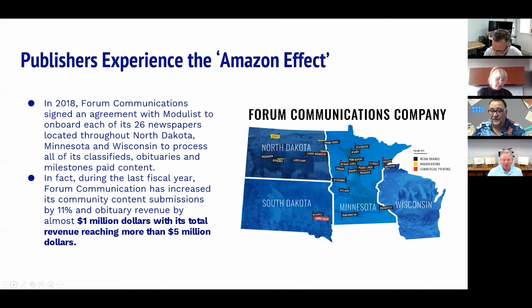And much like with Amazon, right, they developed that very insidious tool that sits below your ordering box and says consumers that have purchased this also have done this, right? Well, we put some tools into Modulist so that as people click on a publication, we offer them other publications in the region.